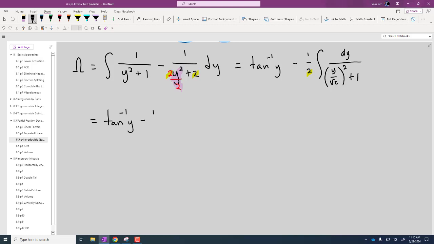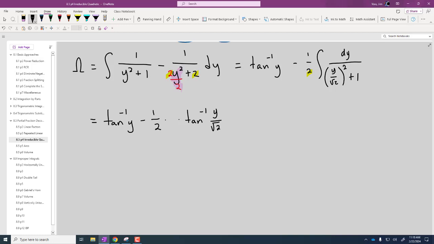So it's -1/2. I'm going to leave a little bit of space here for a reverse chain rule, because I see that it's not just y. It's a constant multiplied by y, so we're going to have to do reverse chain rule. So now we're going to have inverse tangent of whatever's in the parentheses, so y divided by the square root of 2.